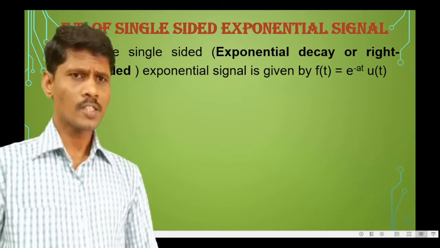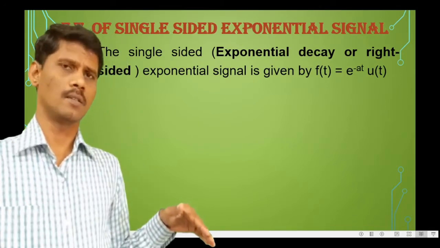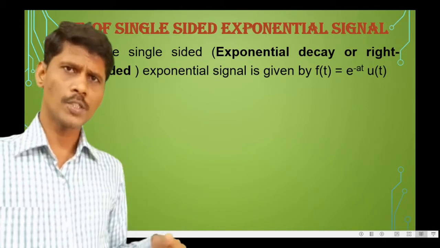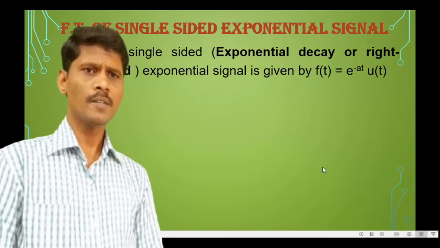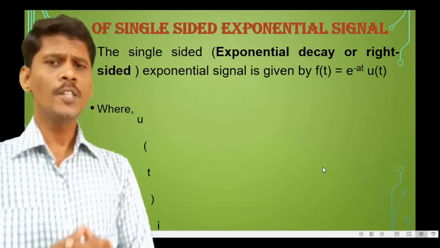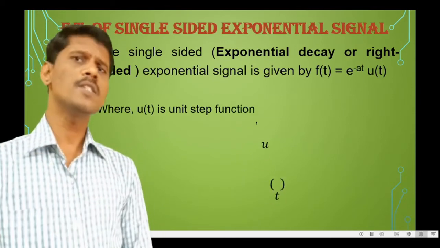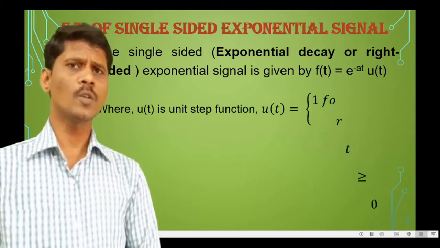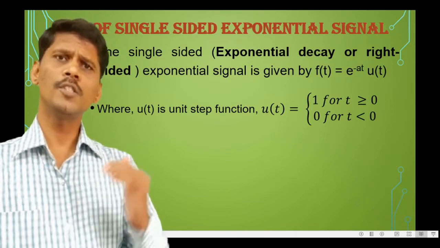Here we are considering e power minus at, that is a decaying exponential signal, where u of t is a unit step signal. According to the definition of the unit step signal, u of t is equal to 1 for t greater than or equal to 0, so t is from 0 to infinity.